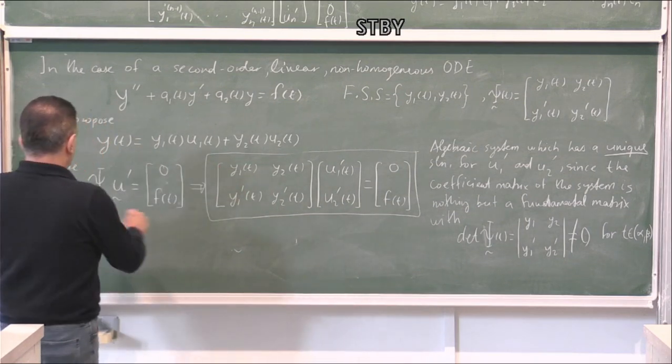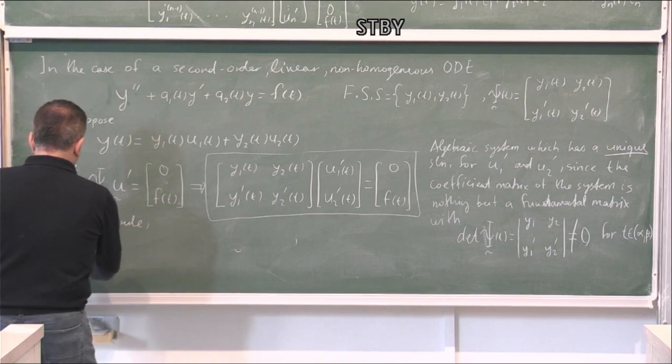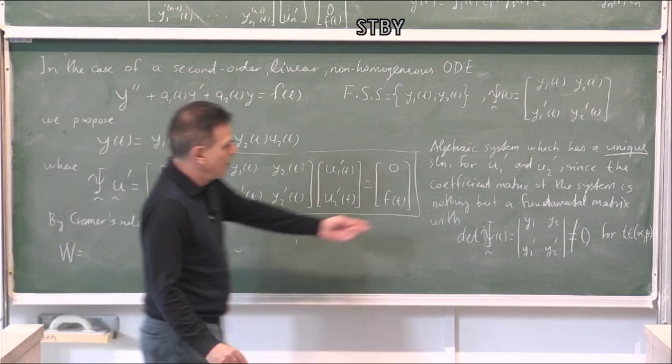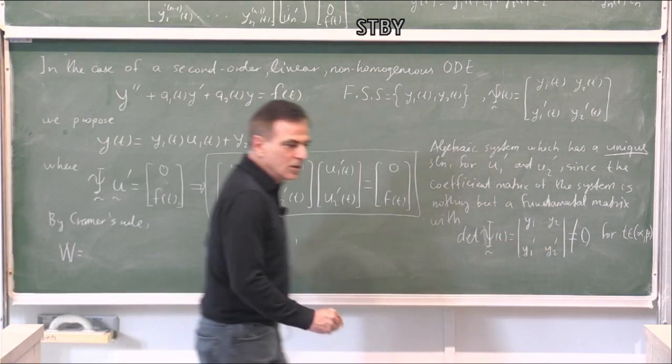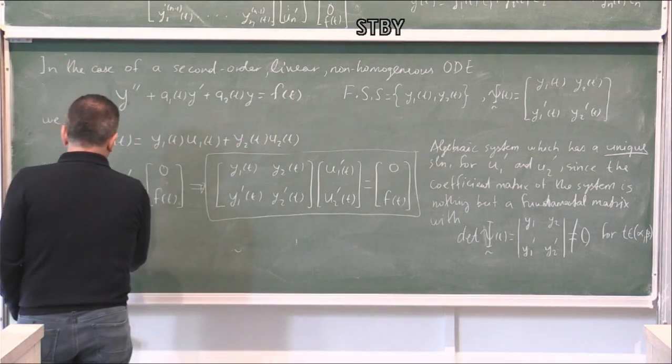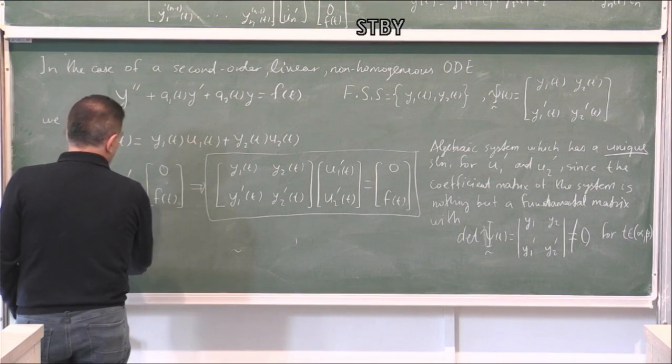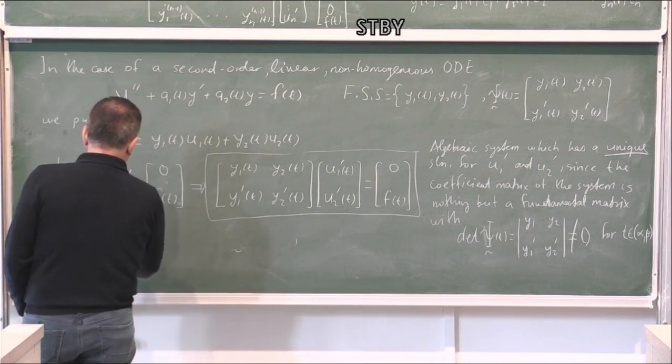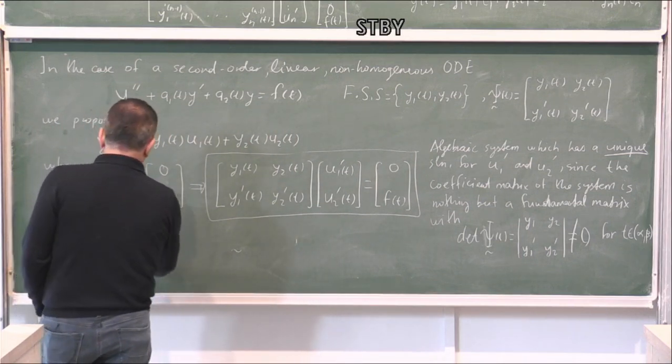So look, we have omega, which is this determinant. What is it? Let's write it explicitly: y1, y2 prime minus y1 prime, y2.